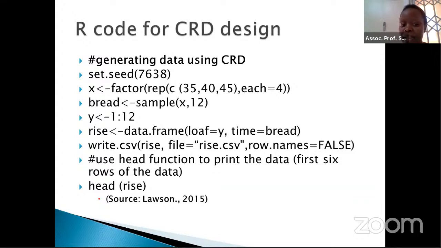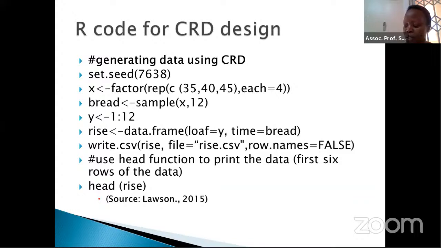Y is a list of values for the response. Y goes from 1 to 12 because we have 12 loaves of bread. Object rise, we use a data frame to merge together the vectors X and Y, and then label Y as loaf and time equals bread.